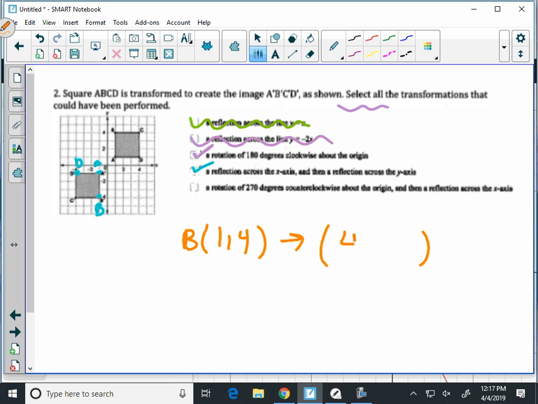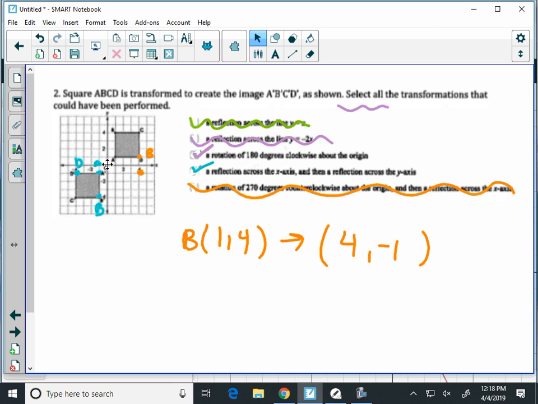Flip. And then do we change the sign of the first or the second? So 4, -1. And then it says reflect over the x-axis, which is this one right here. Well, it just went back over to the other side. B did not map up with B prime. So it can't be an answer.